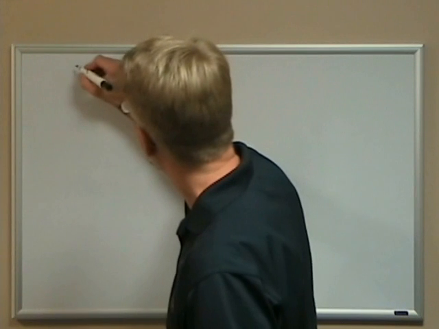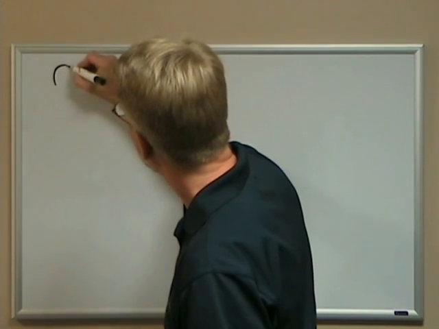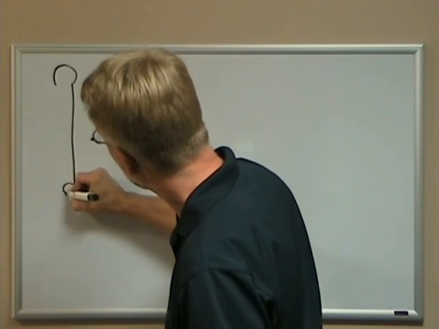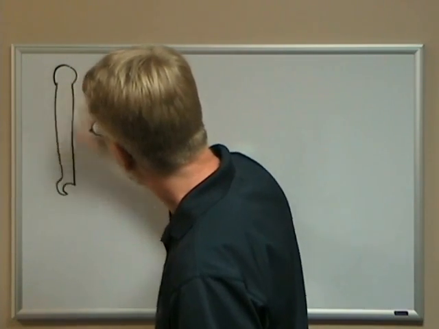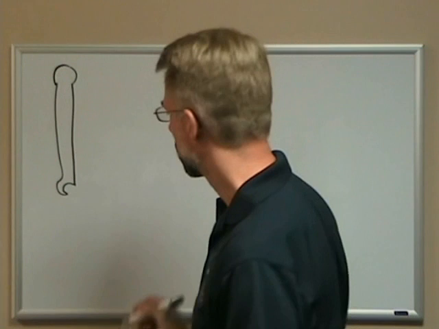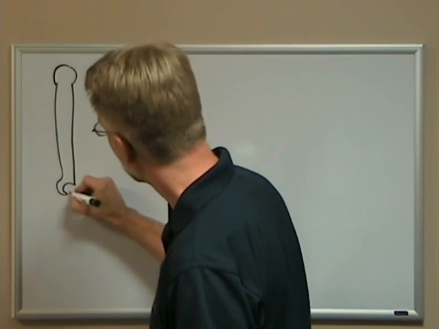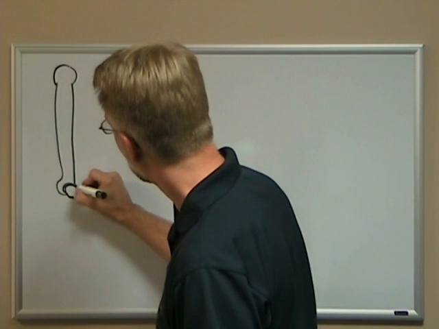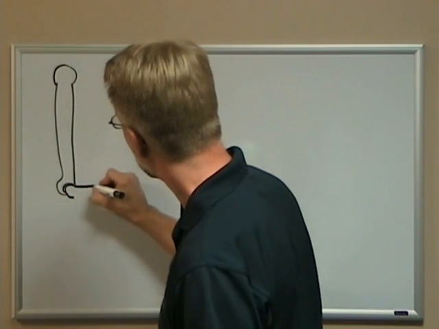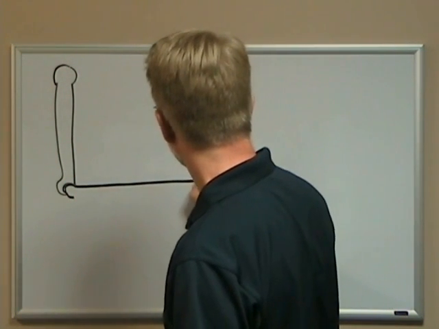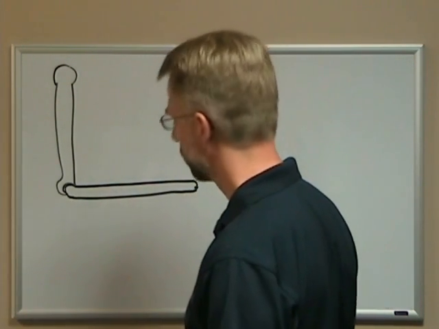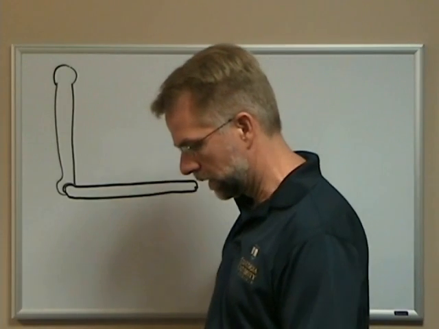So in this case, we'll just draw a humerus bone, and then here we have the ulna, although you can just consider this to be the forearm if we don't want to get too technical.